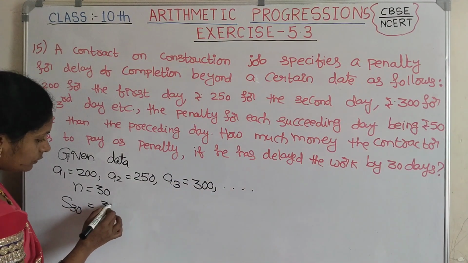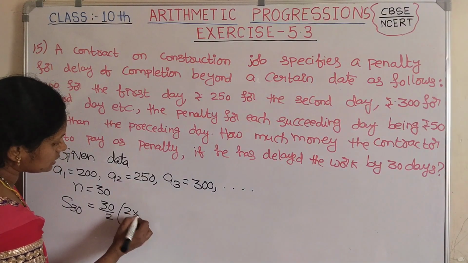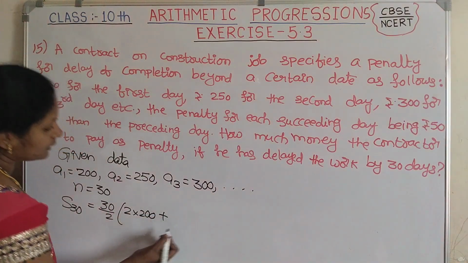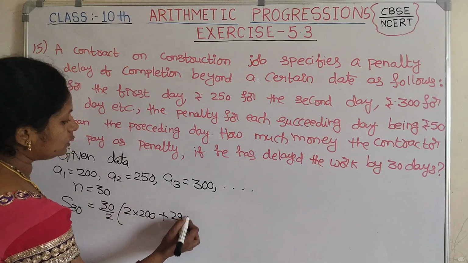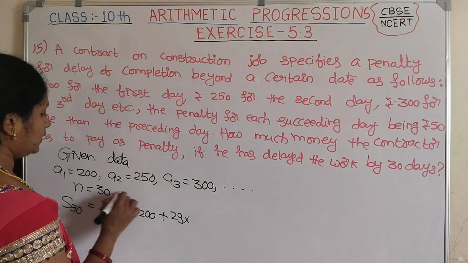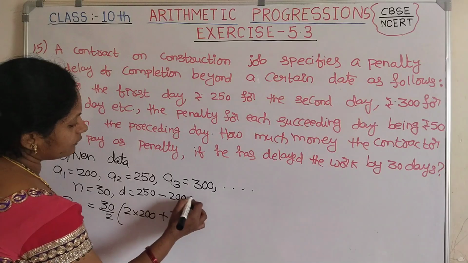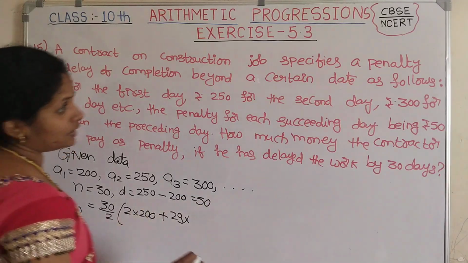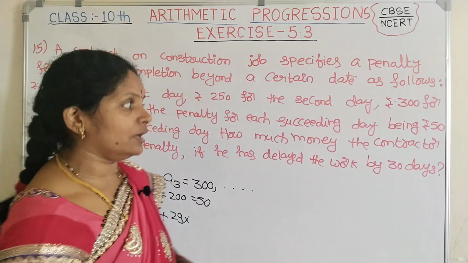S30 is equal to 30 by 2 into 2A. A is 200 plus 29 into D value. How much is D? D is equal to 250 minus 200, which is 50. Already it is given here: the succeeding day being 50 rupees, means the common difference is 50.